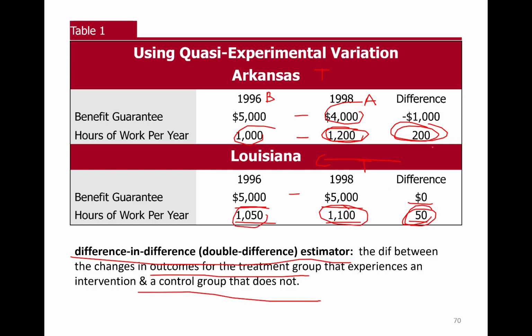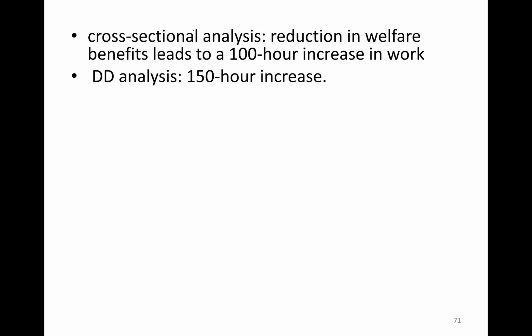So then the treatment group difference 200 minus the control group difference. It's called double differencing.